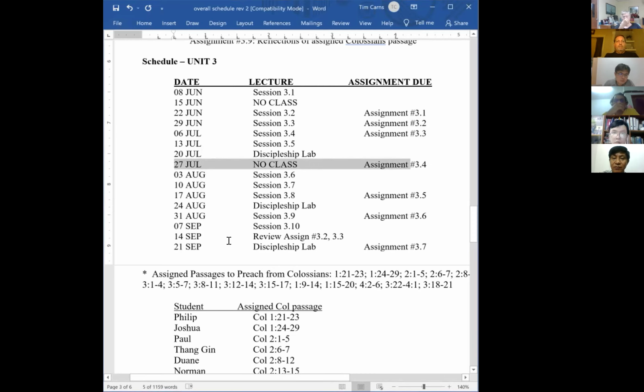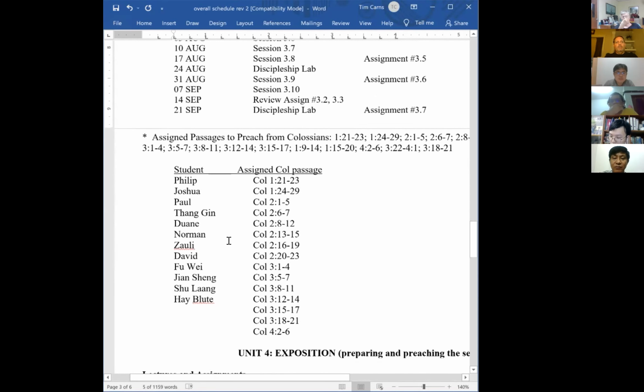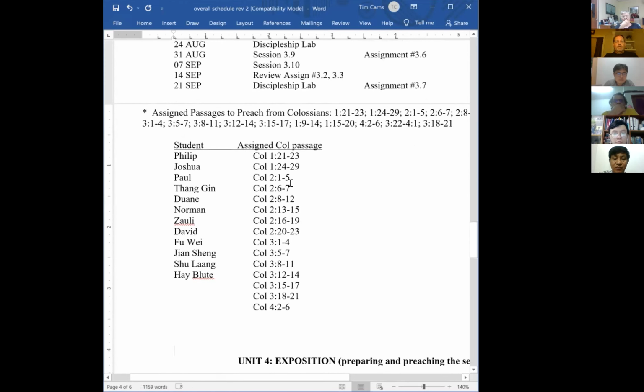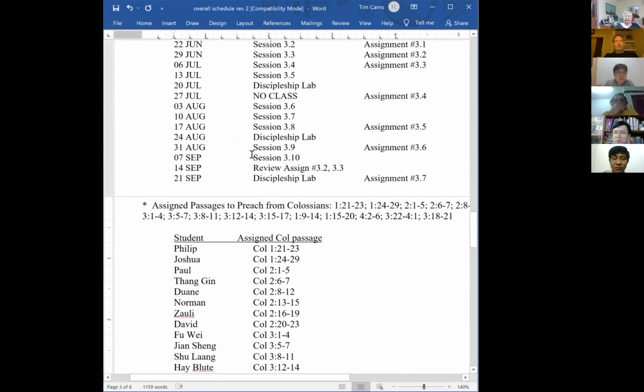I have something that I'm doing that week of the 27th, but we will have class the next 2 weeks. And I mentioned to you, and I think Dwayne brought this up at the beginning of our time tonight, that I have assigned each of you a passage from Colossians that will be your focus for assignment 3.3 and the rest of them. All these assignments will be with reference to your passage.